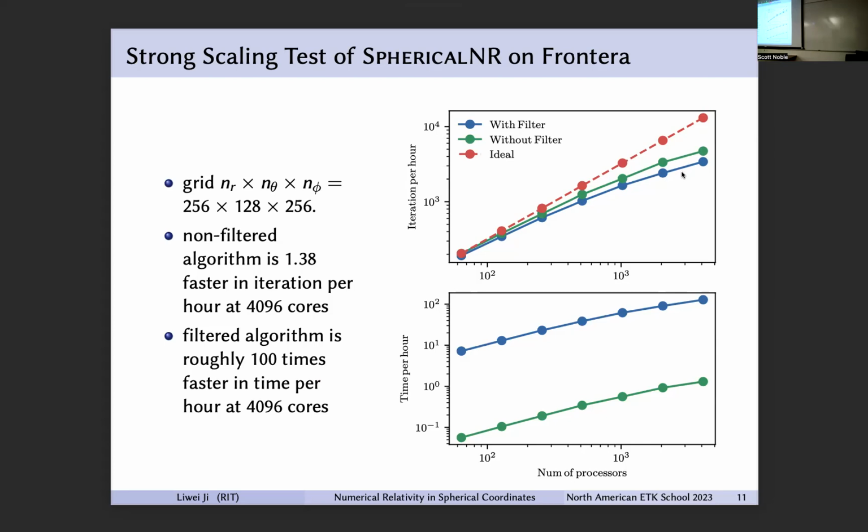As you can see, by applying the filter, the iteration per hour does get a little bit smaller, so it becomes a little bit slower. However, because of using this filter, we can use a much larger time step. So if we look at the physical time per hour, then the line with filter is much larger compared to the without filter case.